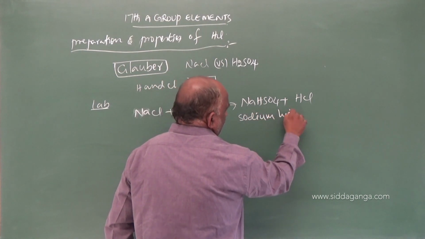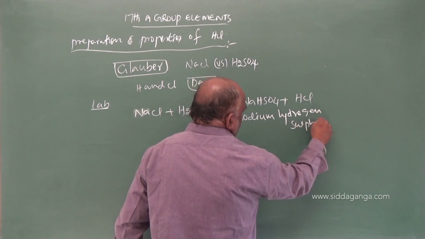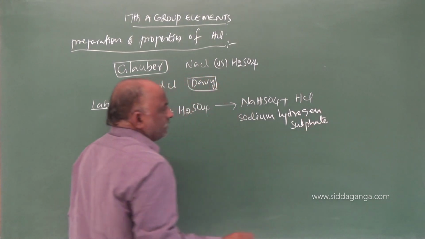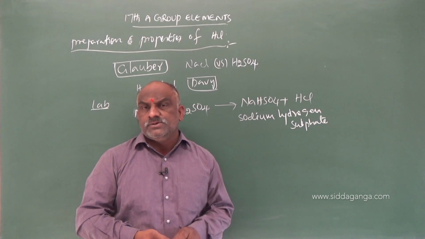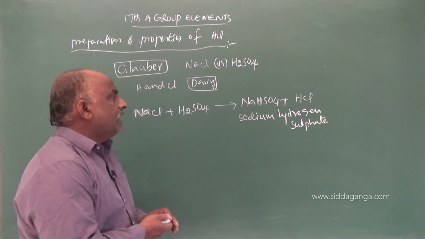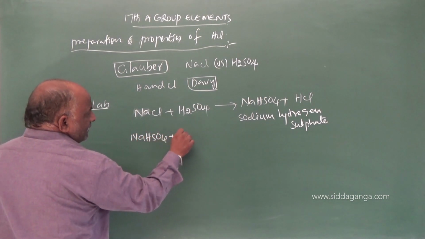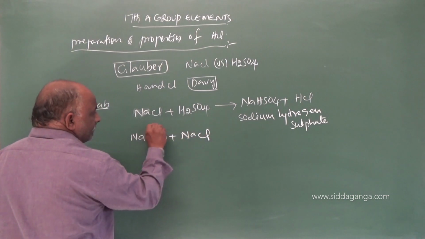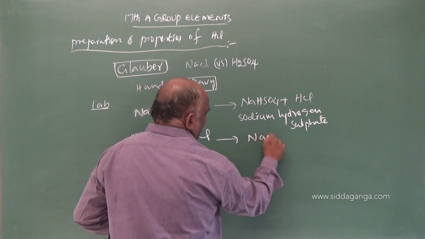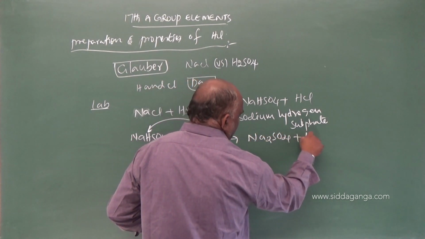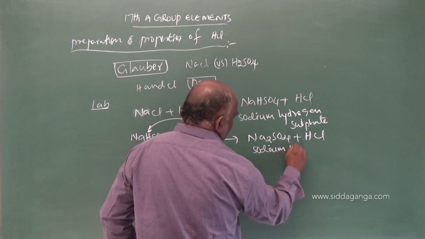This sodium hydrogen sulfate further reacts with NaCl and gives rise to Na2SO4 plus HCl. Na2SO4 is called sodium sulfate.